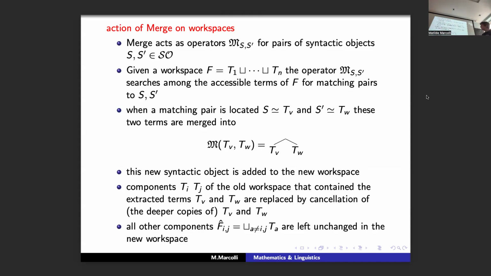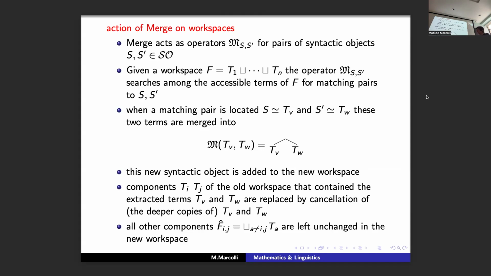Given a workspace, which is a binary rooted forest with no planar structure assigned, this operator will look for copies of these two chosen syntactic objects among all the accessible terms in the workspace. And if it locates matching terms, then it forms a new structure using these matching terms.